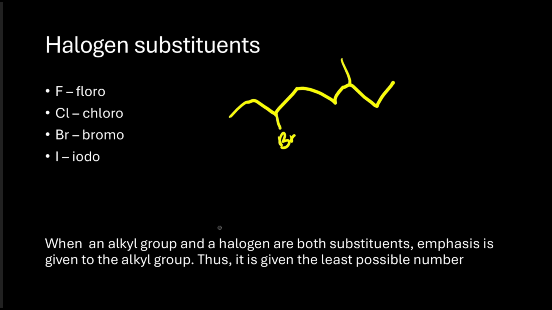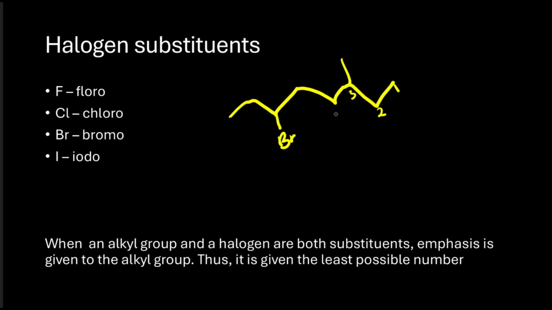So in this case, the rule says we should give emphasis to the alkyl group. What this means is we give the least possible number to the alkyl group before giving the other numbers to the halogen substituent.